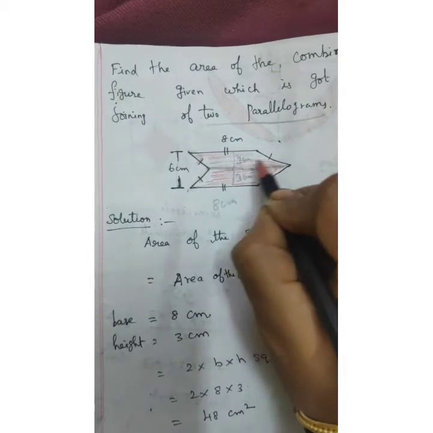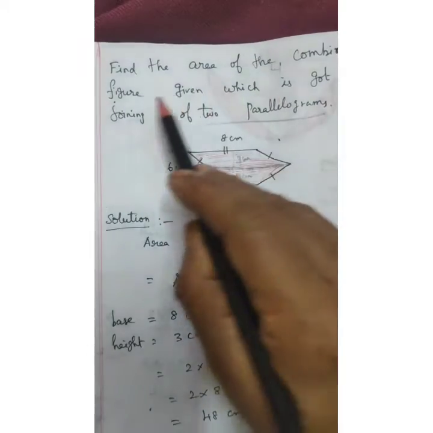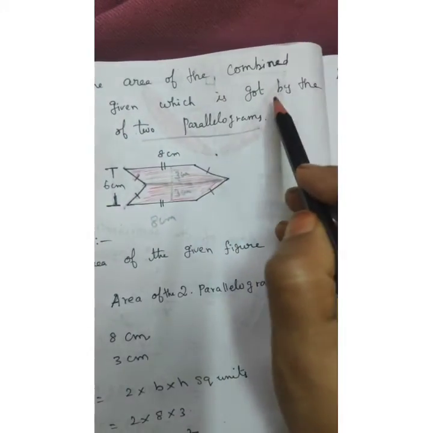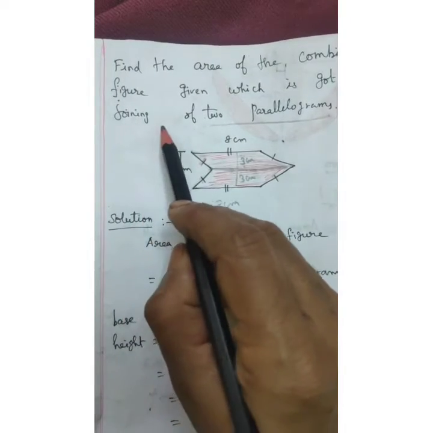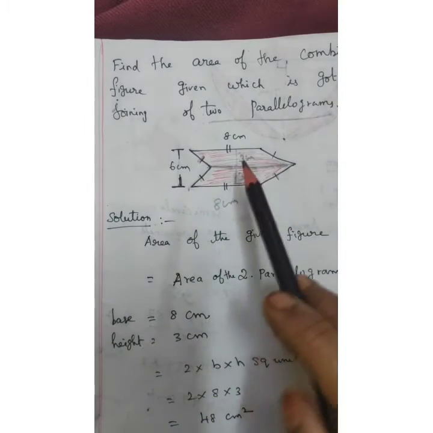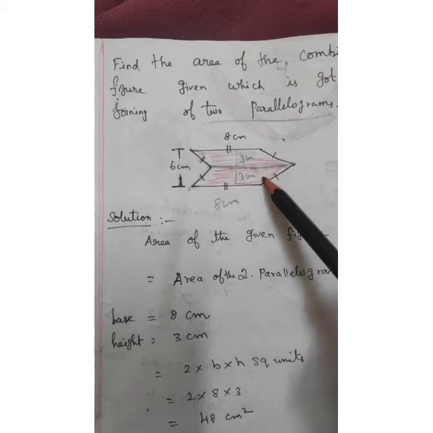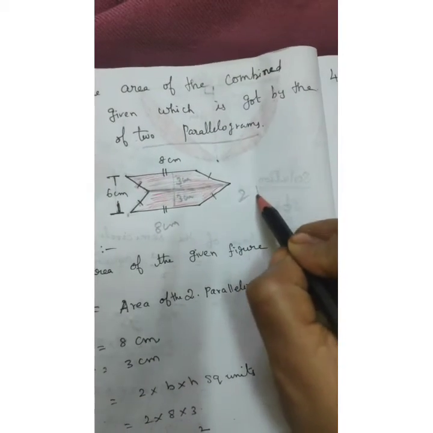One parallelogram height is 3 centimeter. The given figure is got by joining two parallelograms. So we find the area of the parallelogram. Total number of parallelograms is two.